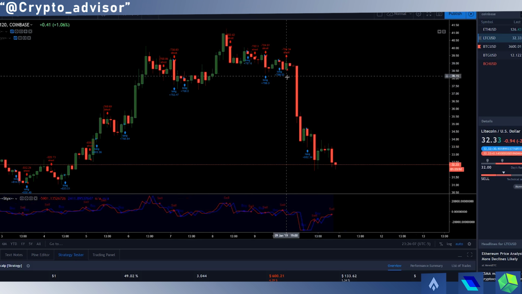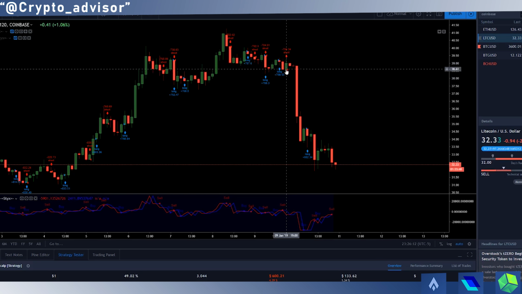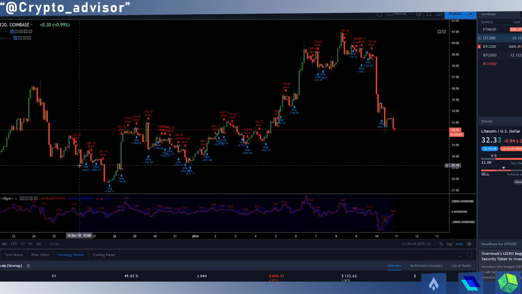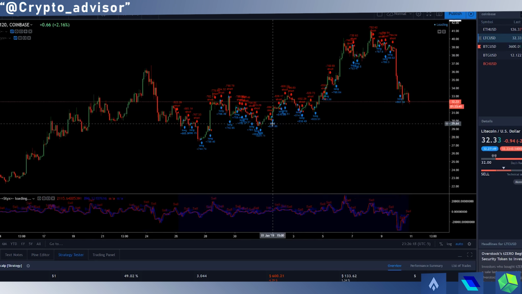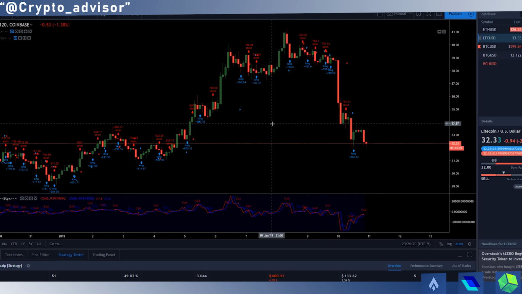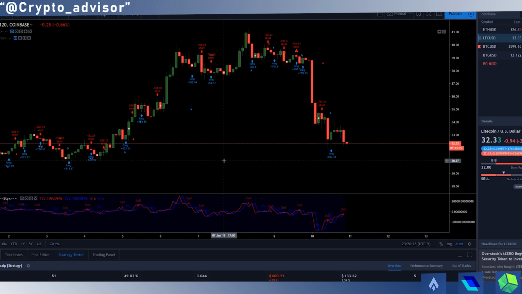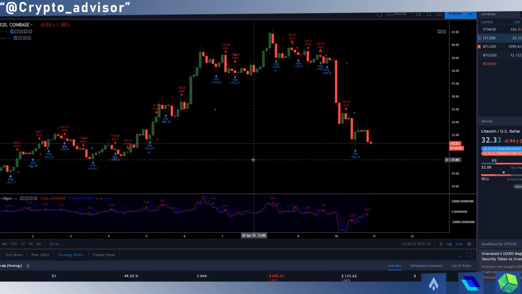Luckily our script did catch almost the top of Litecoin right here. It did sell, and then you would not have missed any of the profit that you made from this enormous move upwards. So as you can see on this backtest, the script has done extremely well on Litecoin, even with the fees.